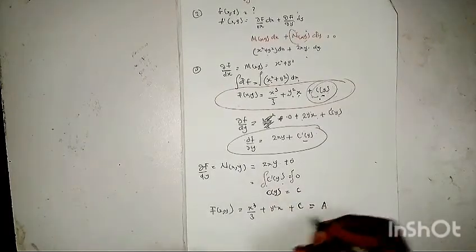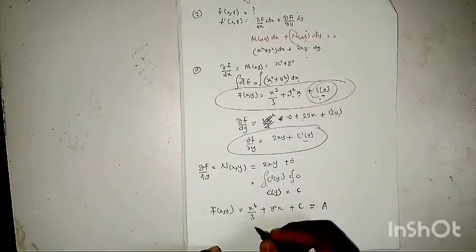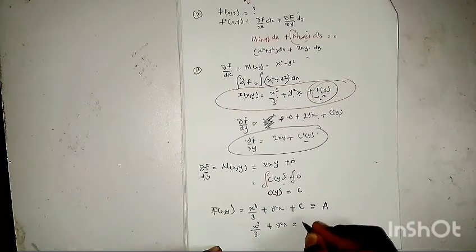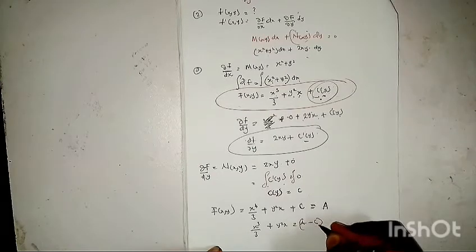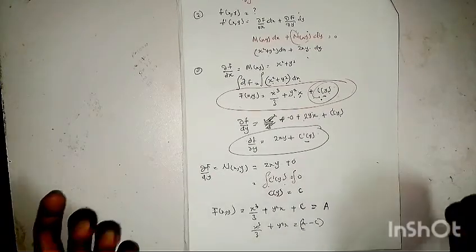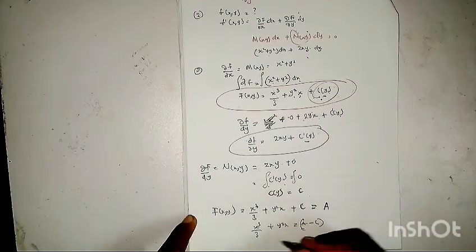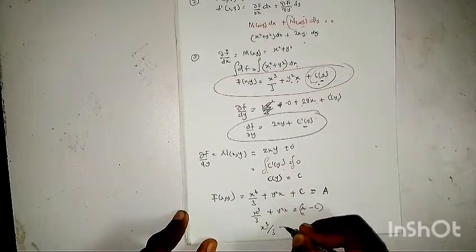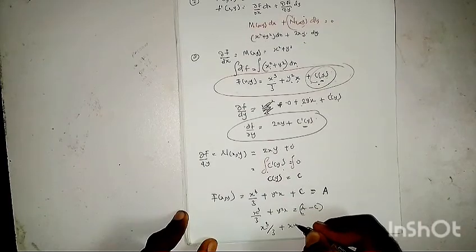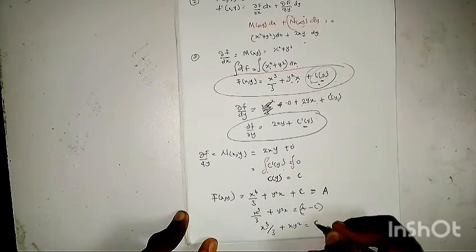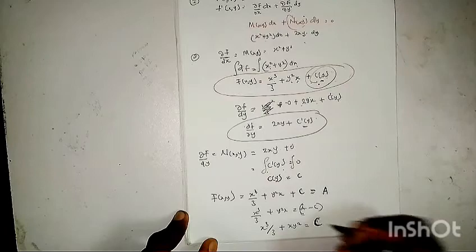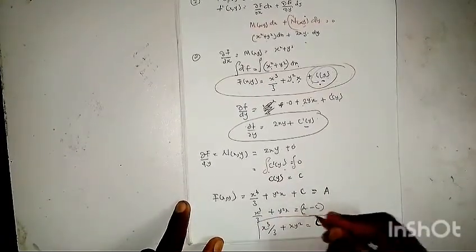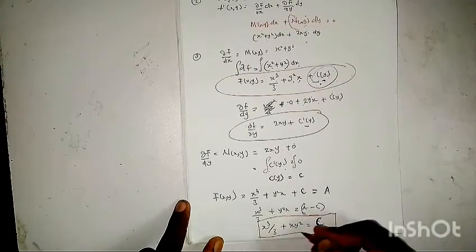So since we're having two constants here, we can take the other constant to the other side. This is x to the power 3 over 3 plus y squared x plus a minus c. Now these are both constants subtracting each other, which eventually give us a constant. So this is x to the power 3 over 3 plus xy squared is equal to, let's call it giant C. So this is a solution to my exact differential equation.